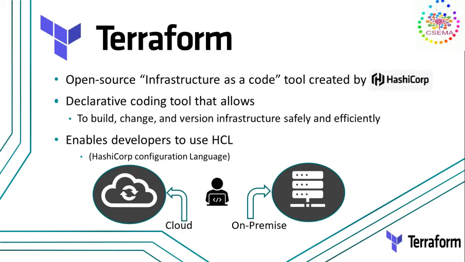Terraform is an open source infrastructure as code tool created by HashiCorp, and it is a declarative coding tool that allows you to build, change, and version infrastructure safely and efficiently. It also enables developers to use a high-level configuration language called HCL, HashiCorp Configuration Language, to describe the desired end state of cloud or on-premises infrastructure for running an application.